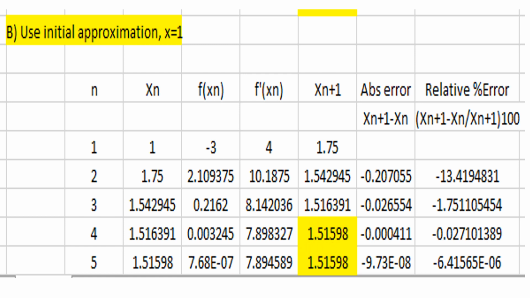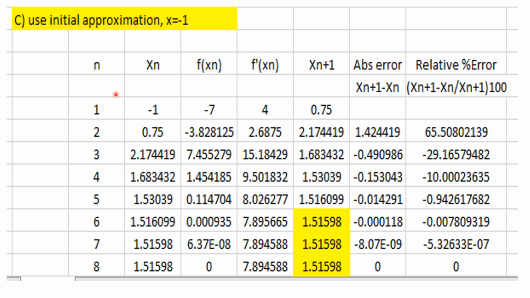When we try the same thing for letter C, approximation using x equals minus 1, compute x sub n, which starts with negative 1, then compute everything there. The resulting new value of x is 0.75.